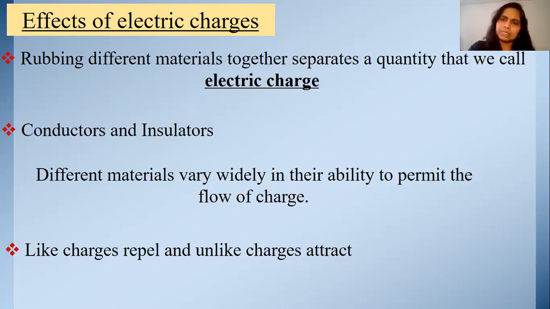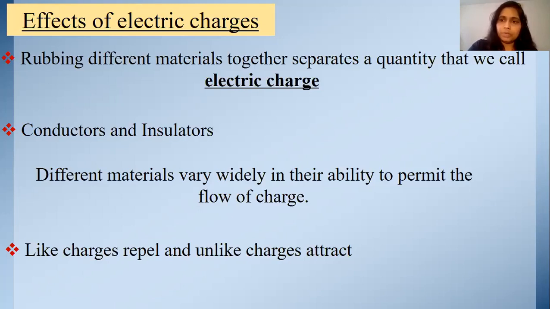Also there are semi-conducting materials as well. A conductor means a good material that can take these charges around, it's possible for charges to travel in those conducting materials. Insulators hold charges, so they are not helpful for the flow of charges. So different materials behave differently for electric charges.